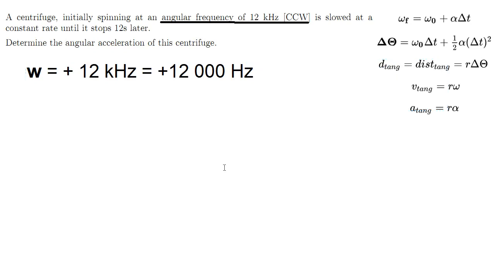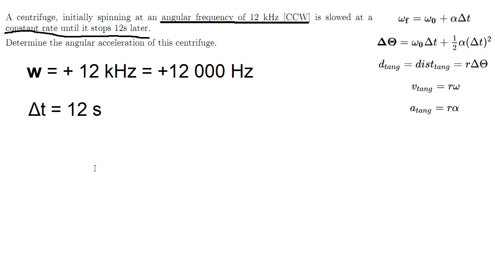Now, you're also told it slows down and stops at a constant rate over 12 seconds. The 12 seconds is easy enough to interpret. What you're being provided here with is a change in time. So here we have the change in time is 12 seconds.